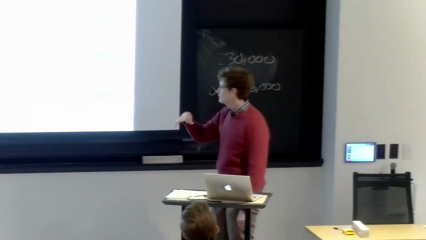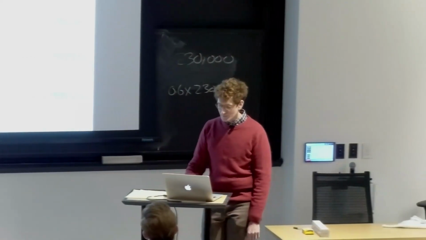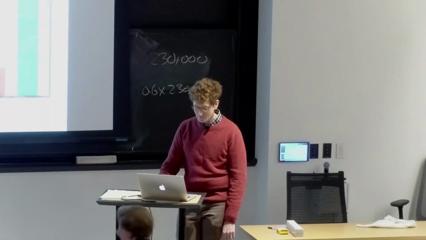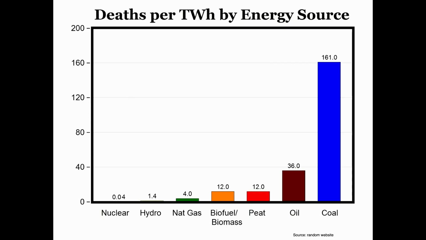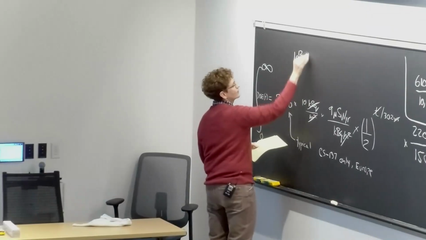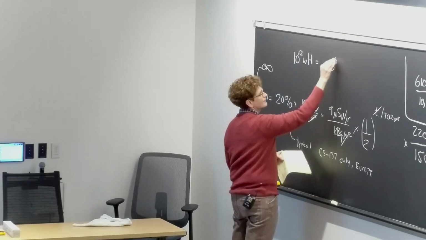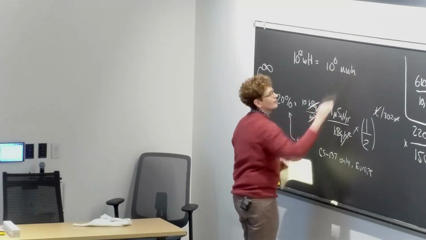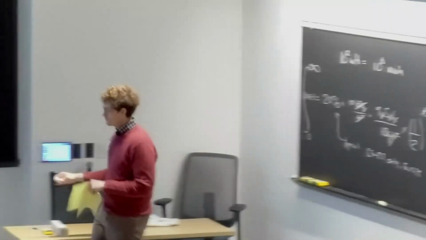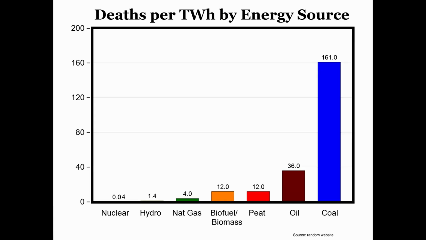And if we assume that every reactor is roughly a gigawatt, it's 10 to the minus 11 per megawatt hour. And then we can take our number of deaths. All right, so we want terawatt hours, which is 10 to the 12 watt hours. And that is equal to 10 to the 6 megawatt hours. And we had, from the previous slide, 10 to the minus 11 per megawatt hour, right?